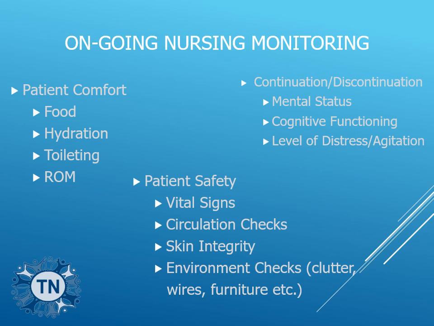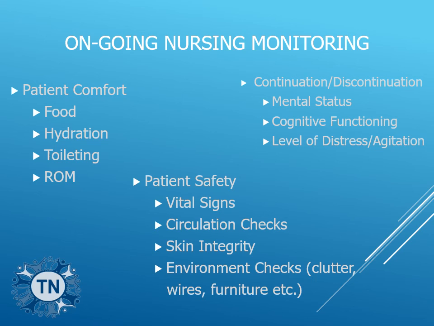Obviously, any patient that is at fall risk should have ongoing monitoring, and the monitoring should include patient comfort. Nurses should make sure that the patient is not hungry, that they are not thirsty, and that they don't need to go to the bathroom. Range of motion activities should be done at least once a shift. This also reduces the risk of patient agitation and confusion, and helps keep the patient satisfied so they don't try to get up without help.